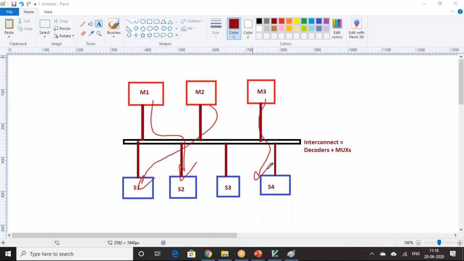Request means either write to the slave or read from the slave. As a use case example, one processor wants to play music. The music is present in this slave, an MMC card or some pen drive. So master 1 wants to read the data from slave 2. That becomes one use case.